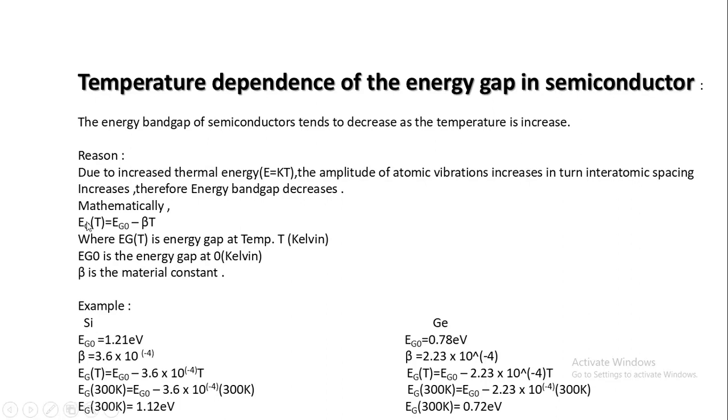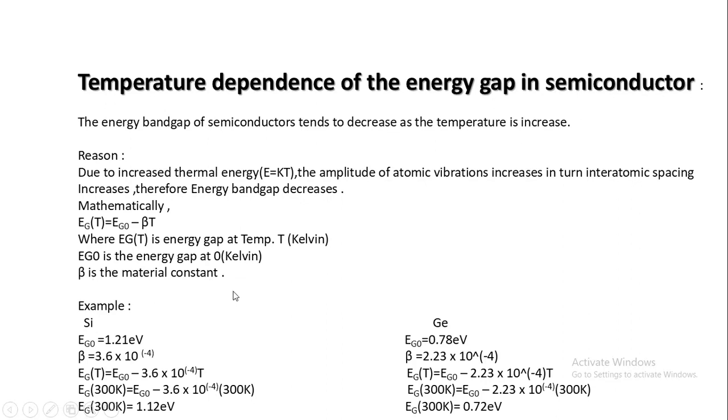Mathematically, the energy gap Eg is a function of temperature. Eg naught is the energy gap at zero temperature, at 0 Kelvin, and Eg(T) equals Eg naught minus beta T, where Eg(T) is the energy gap at temperature T in Kelvin, and beta is a material constant.